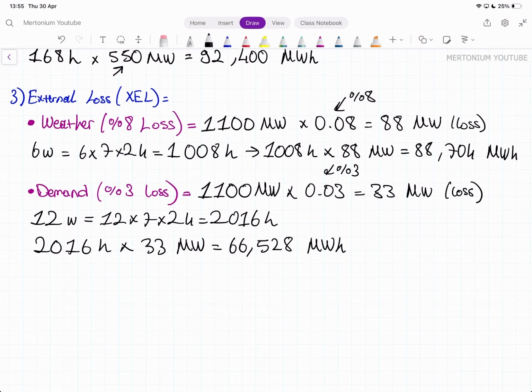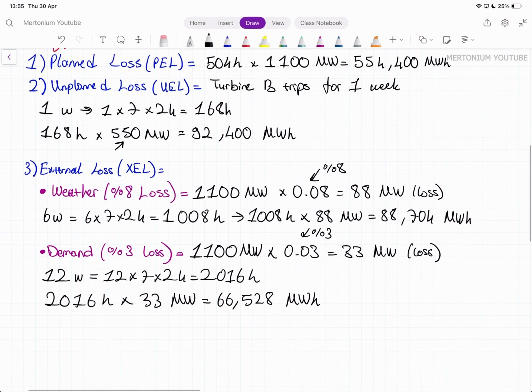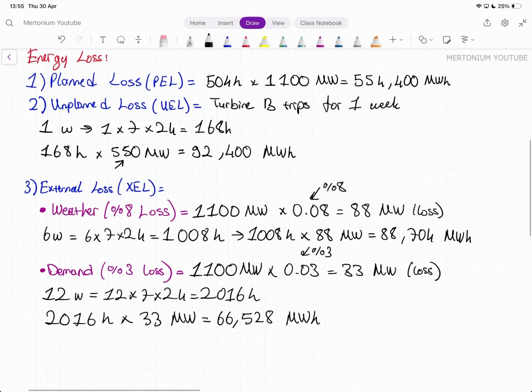Okay, now that we have all our losses calculated, we can calculate the total energy loss, which we will use in our performance metrics calculations. So let's name this energy loss. This refers to the total energy loss that we have. And here, simply, I will plug in all the numbers that we have calculated before.